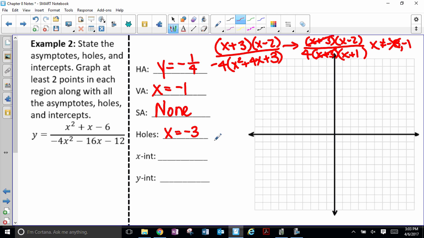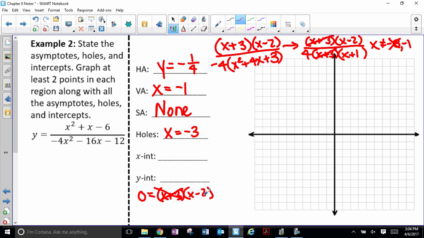Our x-intercepts, then remember what we do with that. We just set the numerator equal to 0, and I recommend we go to the factored form because it's easier than that form to do. So that means we have x plus 3 and x minus 2. But we actually don't use the x plus 3 because that would give me x equals negative 3, but that was a hole.